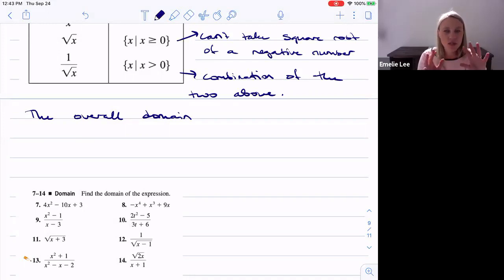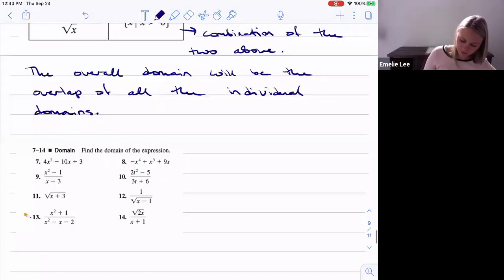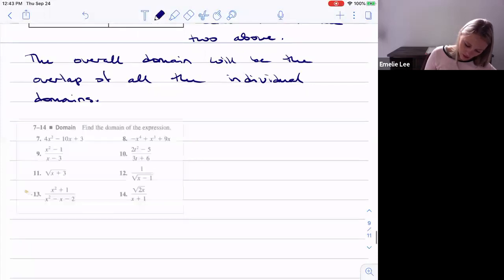You'll see what I mean, but just so you know, the overall domain will be the overlap of all the individual domains. You'll see what I mean in just a sec.